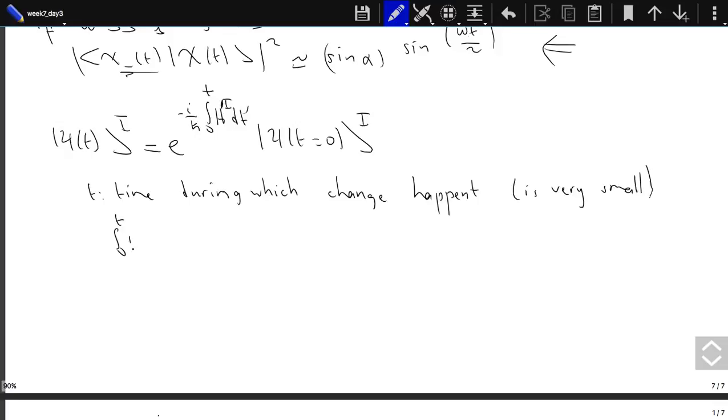But that means the integral from 0 to t of h prime I dt prime is almost 0, because h prime can be changing fast, but it is finite. If you integrate a finite function over a very small interval, the result is very small. So at the end of this change, the wave function practically doesn't change.